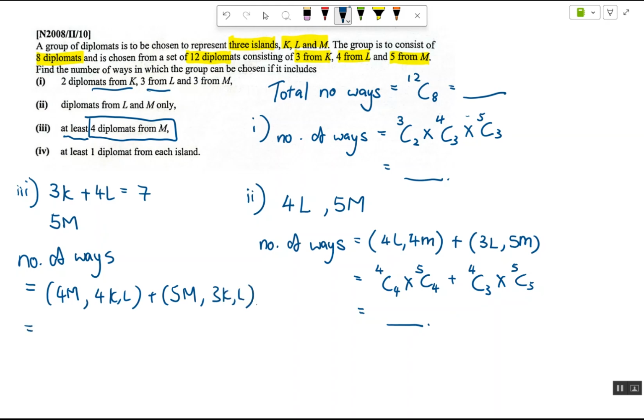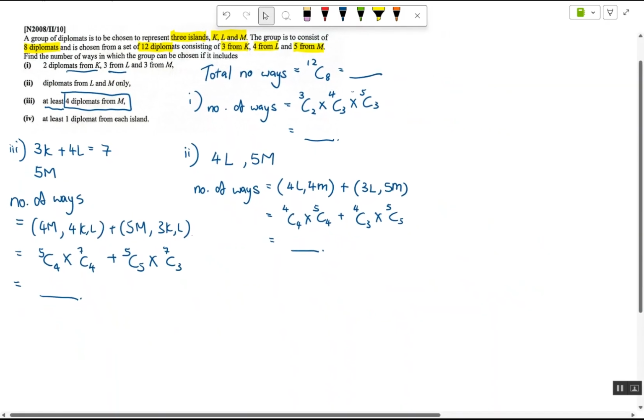For 4 persons from M, that will be 5 choose 4, multiply by 7 choose 4, since we lump K and L together, which makes up your 8 people. Or the other scenario, 5 persons from M, 5 choose 5, that's going to be 1. If you are comfortable with writing 1, that's fine, or not writing it at all. Multiply by 3 persons from K and L, that will be 7 choose 3, and you will get your answer for this.